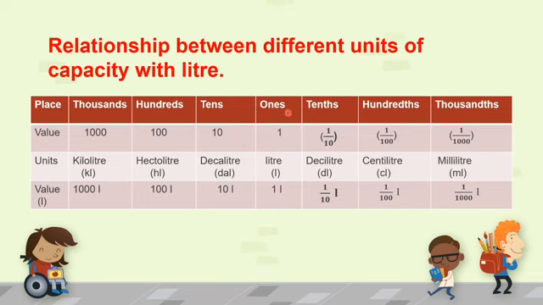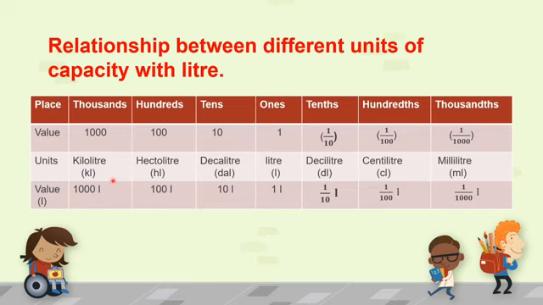We'll go to that later, but before that, please see the places here. The places are ones, being the base unit, that is your liter, the standard unit. As you move towards your right, tenth, hundredth, thousandth, because this is your lower unit, lower than liter, less than 1. So it will become 1 by 10, 1 by 100, 1 by 1000. And as we move towards the left, it will become tens, hundreds, thousands.